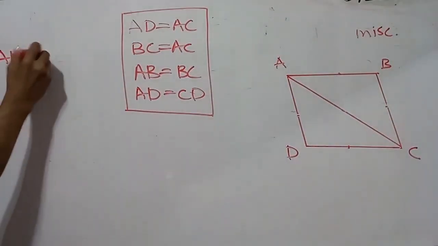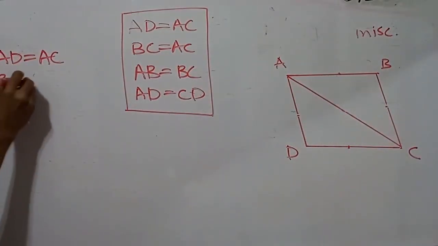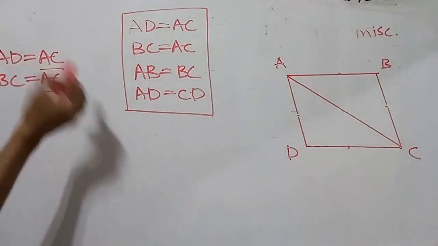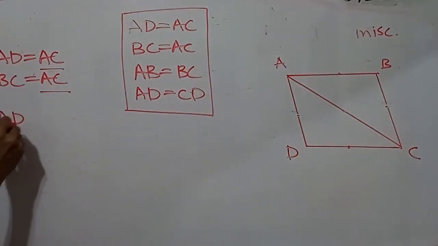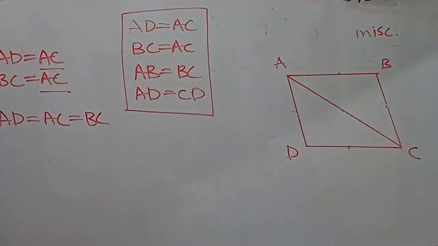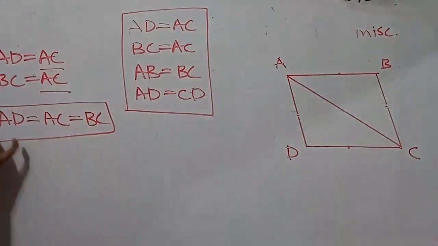So these are the given information. AD is equal to AC. Then BC is equal to AC. So from using the first axiom, we can say AD equal to AC is equal to BC. Right? So these three sides are equal in length.